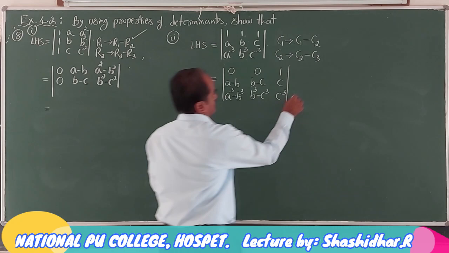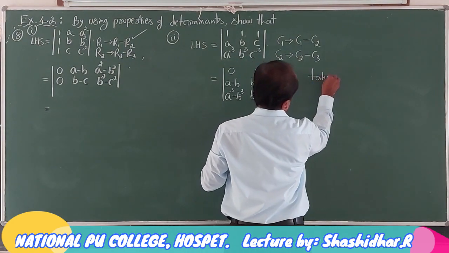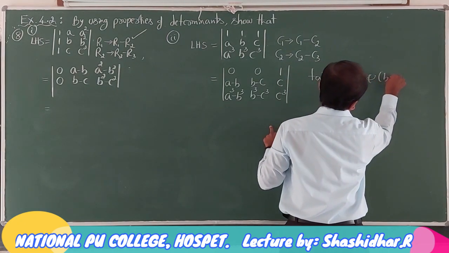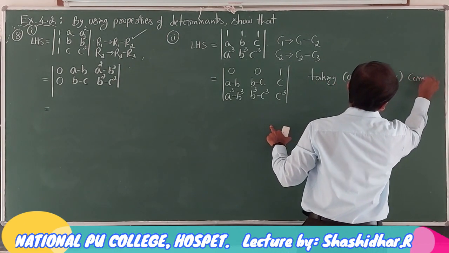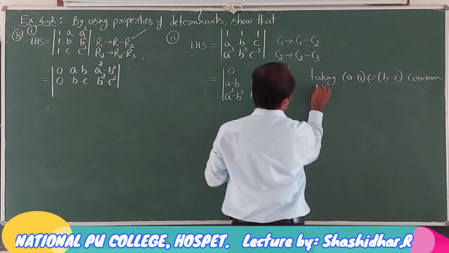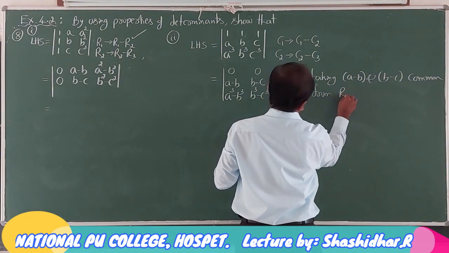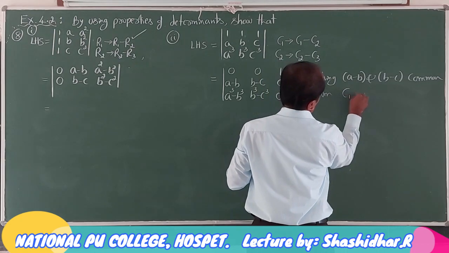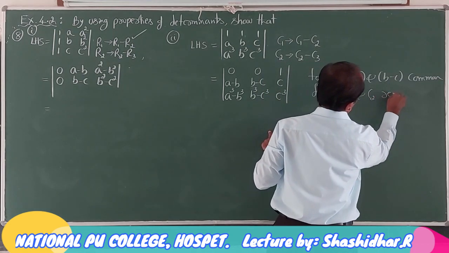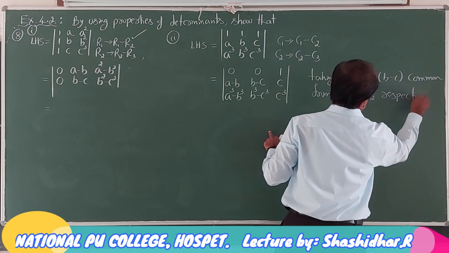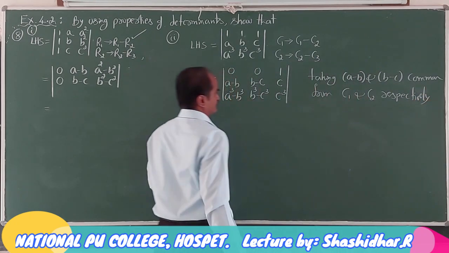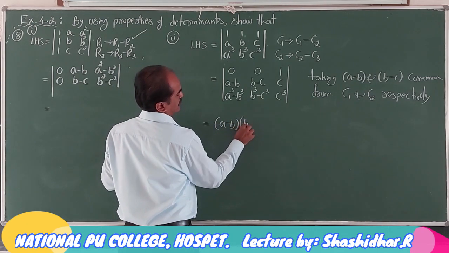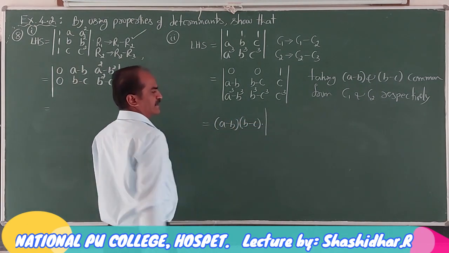Now taking a minus b and b minus c common from column 1 and column 2 respectively. So with this, it is (a minus b)(b minus c) into the determinant.